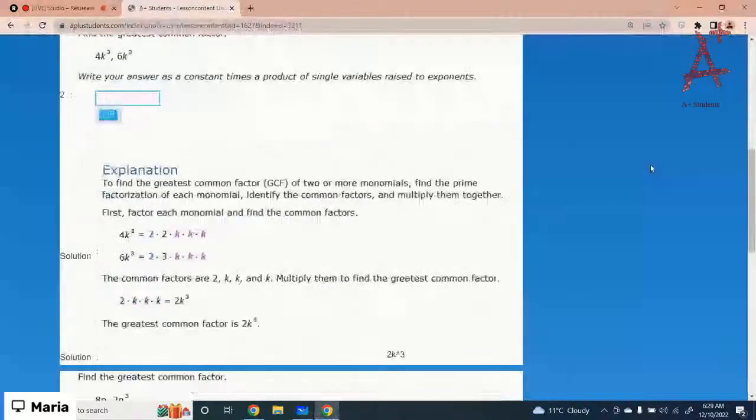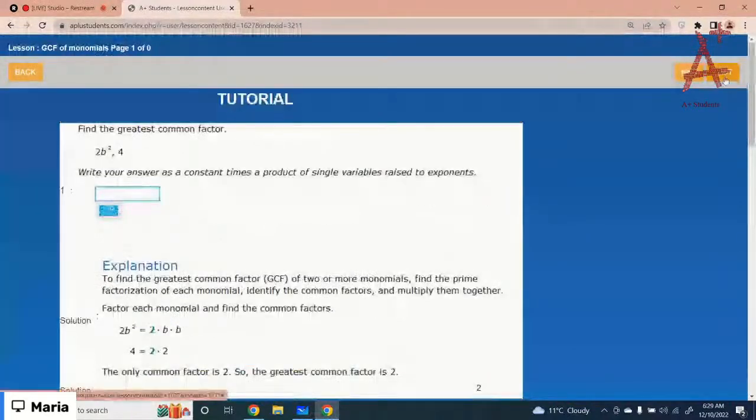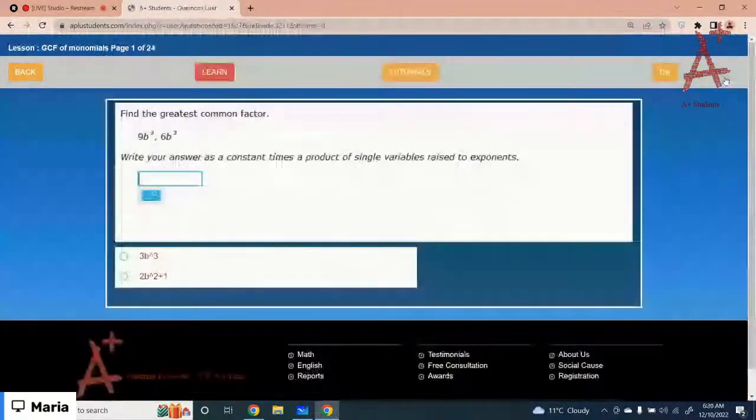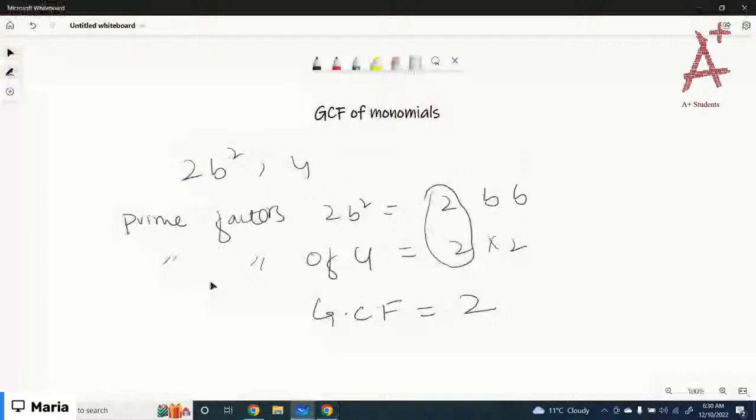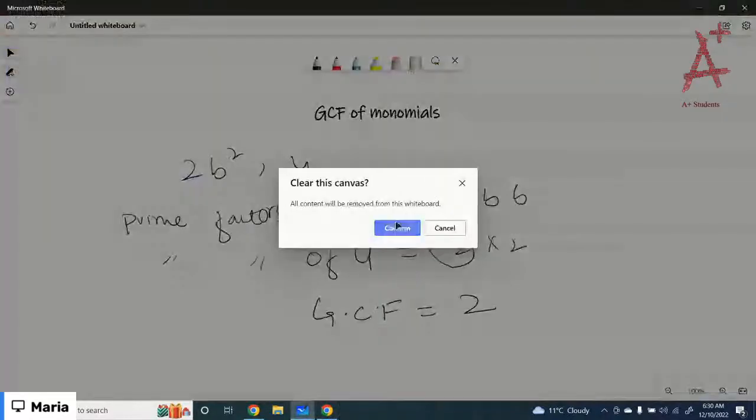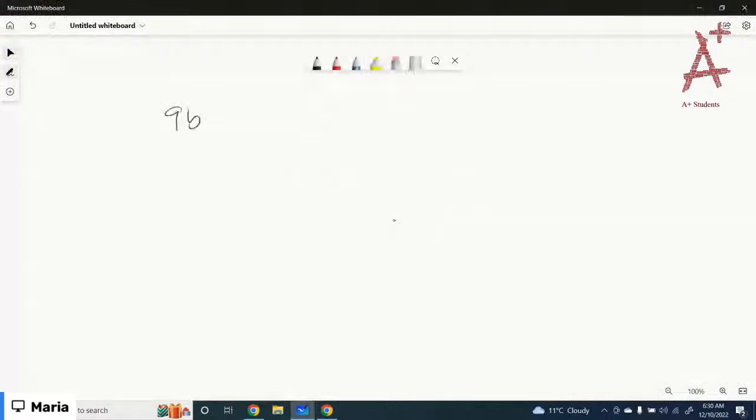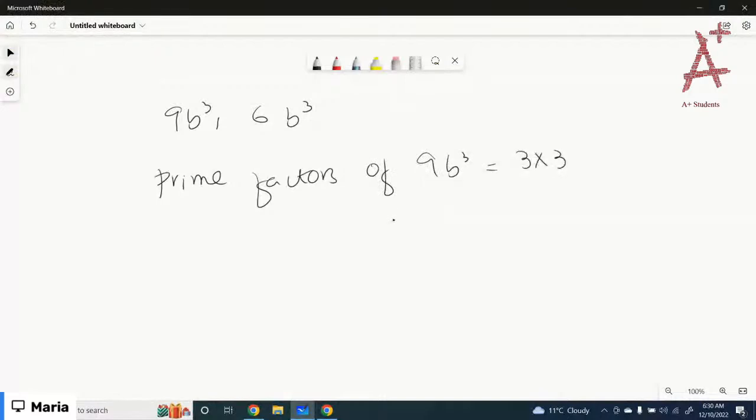Okay, let's just start with the test. Okay, 9b cube and 6b cube. So just write the prime factors of 9b cube and 6b cube. The prime factors of 9b cube are 3 times 3 is 9, 3 is a prime number, and b.